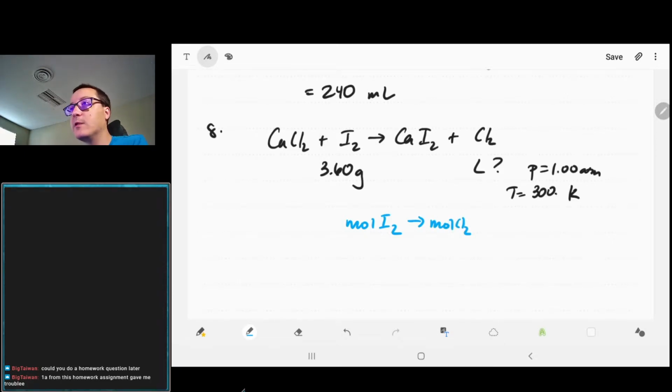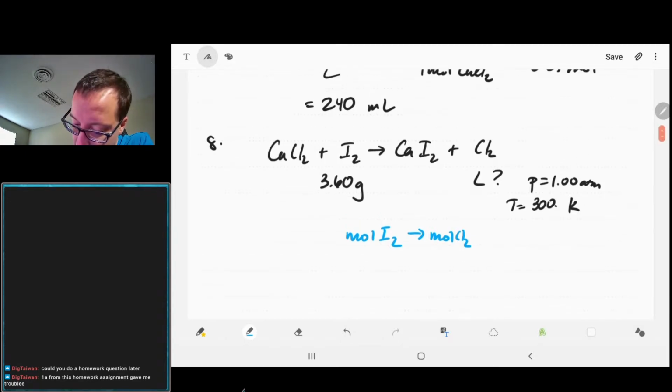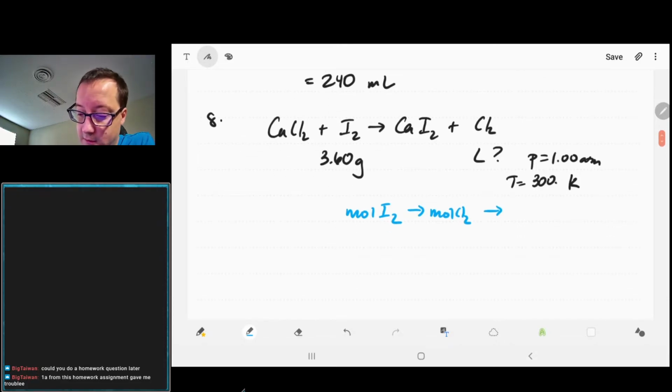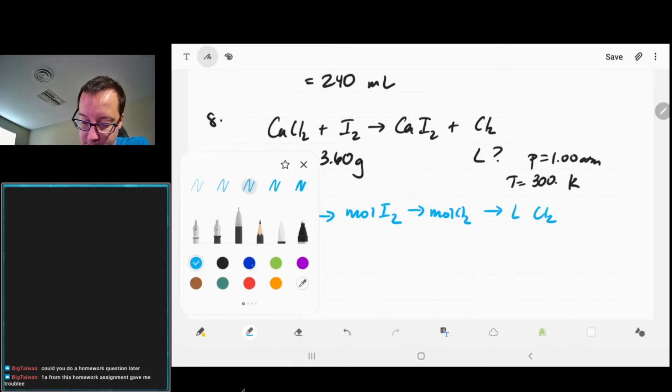Alright, moles of I2 to moles of Cl2. And then our problem is asking for liters of Cl2, which we can go because it's a gas. Gases, remember, we can go directly there. And we're given grams. Grams, we know how to get to moles.